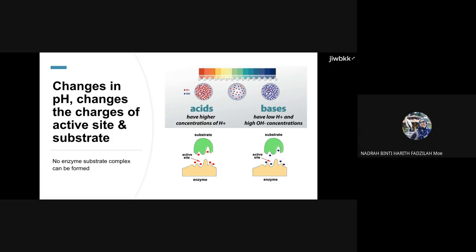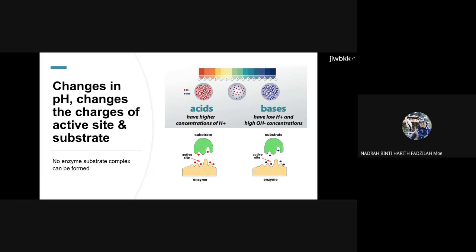So when the enzyme's active site, the charge on the enzyme's active site has changed, this will cause the substrate can no longer fit into the active site because it repels each other.